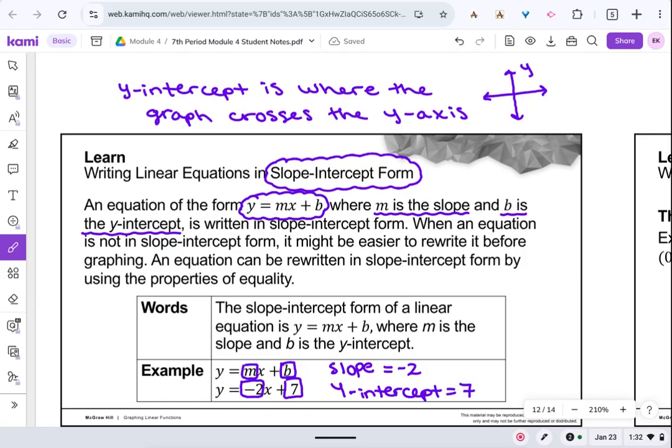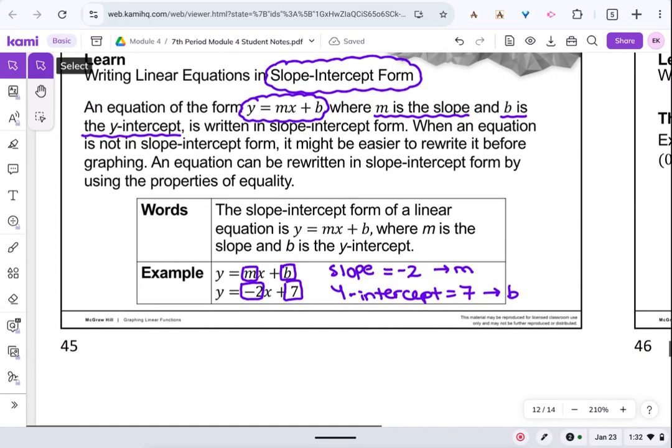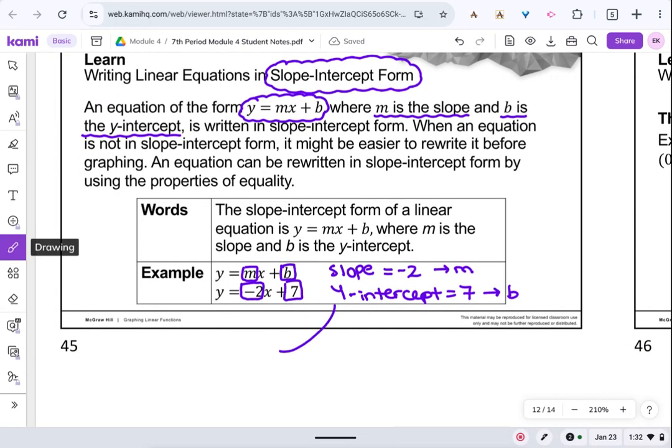That's the information our problems are going to give. We need to know that slope is m and that y-intercept is b in order to plug those pieces into our equation. Okay, so that's our main focus for today, is taking those, plugging them in, and then graphing them.